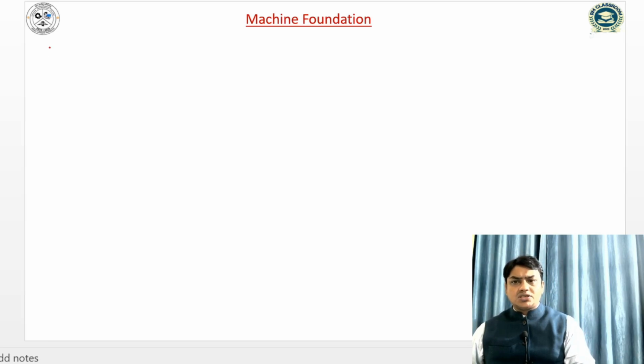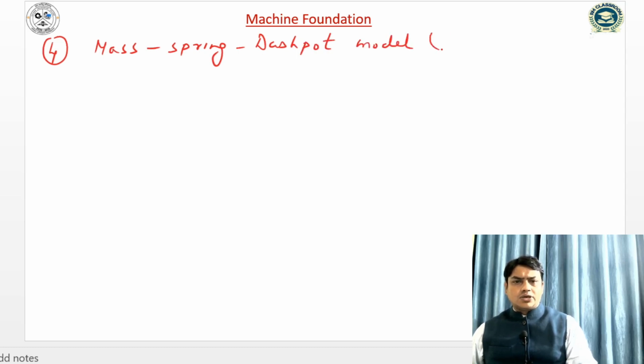So the fourth case is mass spring dashpot model in case of forced vibration.